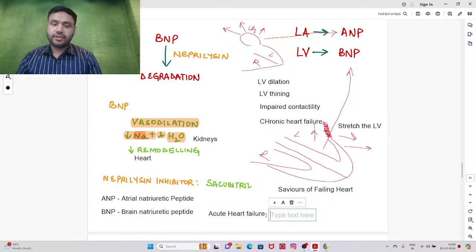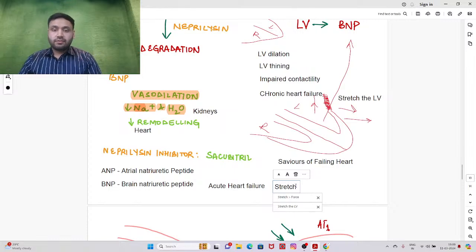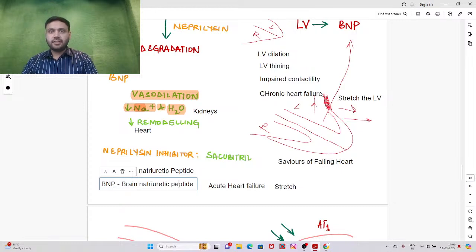Why? Because for acute heart failure to happen, the muscle should stretch. Once the muscle stretches, it releases BNP and it should be very high. If it's low, do you think there is a possibility of acute heart failure? No. But in chronic heart failure, you can have borderline high BNP, and it's hard to say whether someone has chronic heart failure or not, because there are other causes of high BNP, right? Which we won't be discussing right now.